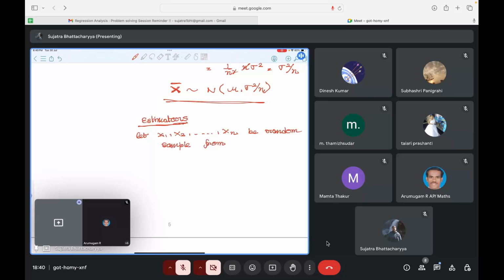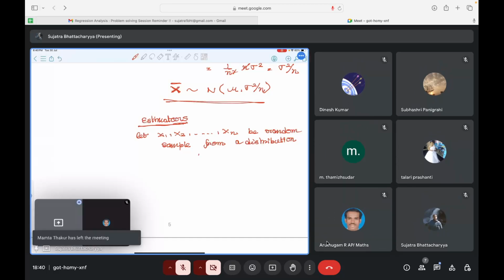I don't know what the distribution is. From this distribution you have taken some sample with mean, suppose E of xi is theta, and variance of xi is sigma square, let us say for the time being.